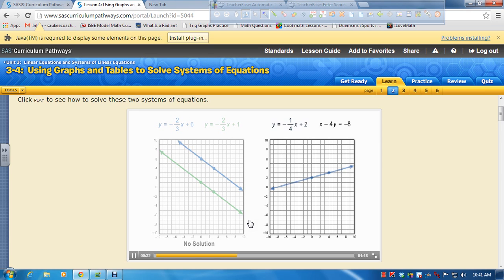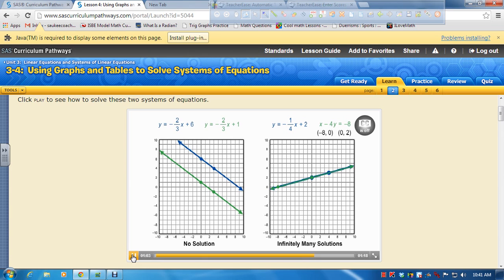We can graph the first line, but need to use intercepts to graph the second. The x-intercept is -8, 0, and the y-intercept is 0, 2. Plotting these intercepts, we can see that these equations are actually the same line. So any point on this line is a solution to this system of equations. Therefore, this system has infinitely many solutions.